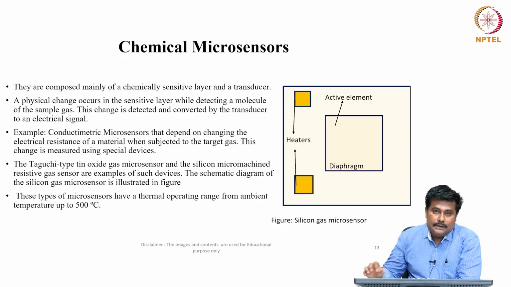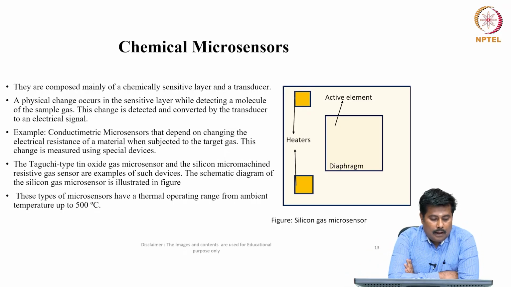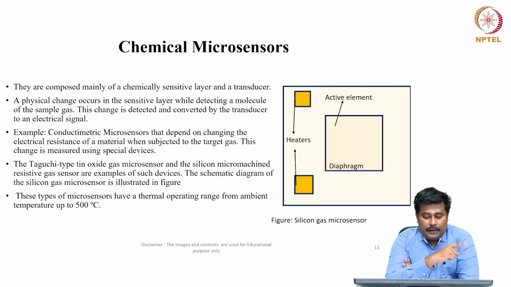As far as these chemical microsensors are concerned, they are composed mainly of chemically sensitive materials and a transducer. A physical change occurs in the sensitive layer while detecting a molecule of the sample gas. This change is detected and converted by the transducer to an electrical signal.